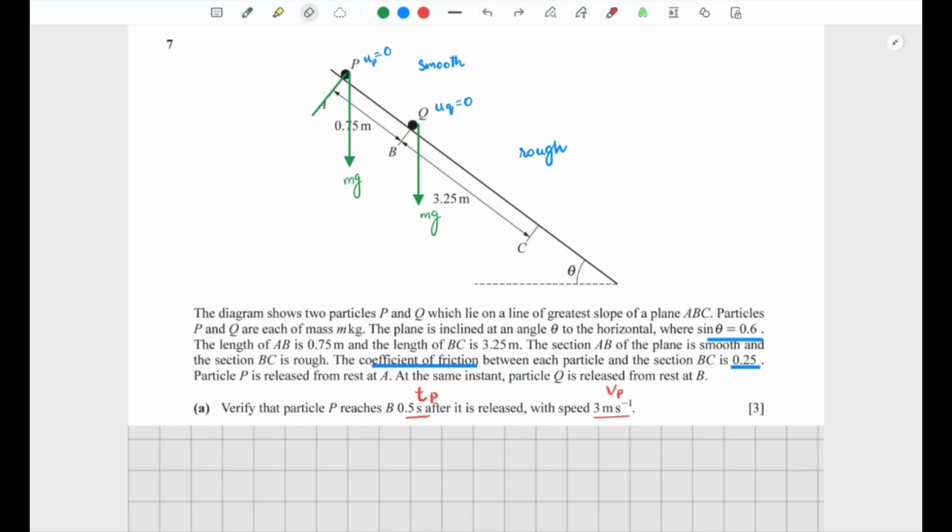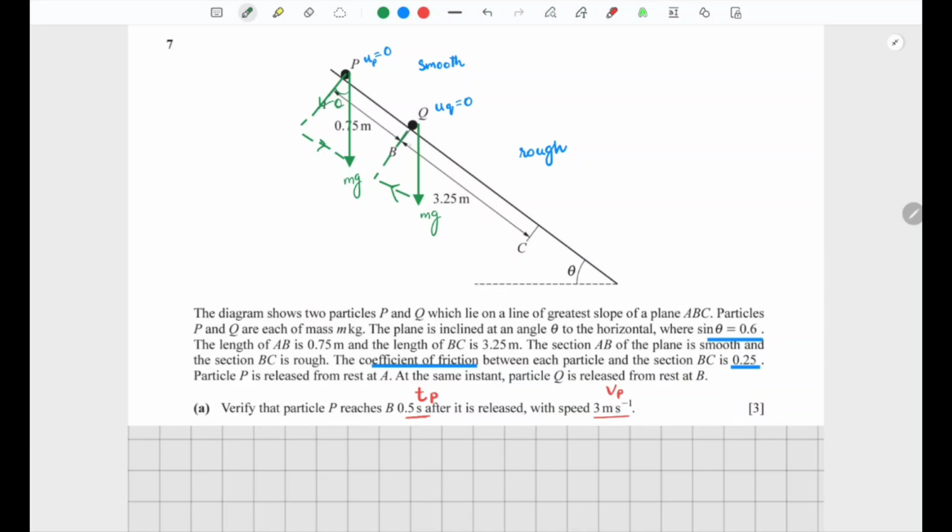This will be along the plane, perpendicular to the plane and then parallel to the plane. So it must be like this, and this one is in this way. So now the direction would be this way and this way.